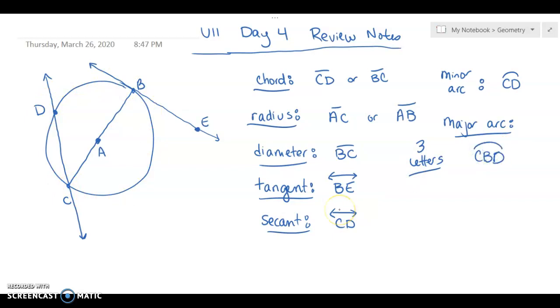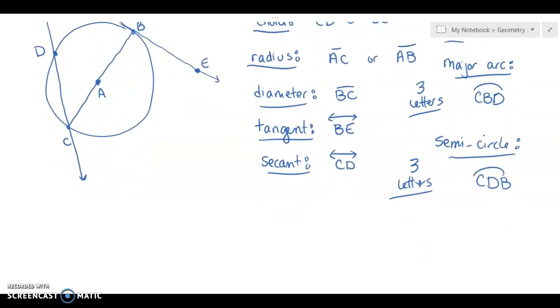All right. And then the other thing we talked about was a semicircle. A semicircle is exactly half of the circle, and you're going to want to use 3 letters for that as well. So something like CDB. CDB would be a semicircle because it's exactly half. So those are some of the key vocab words that we talked about.